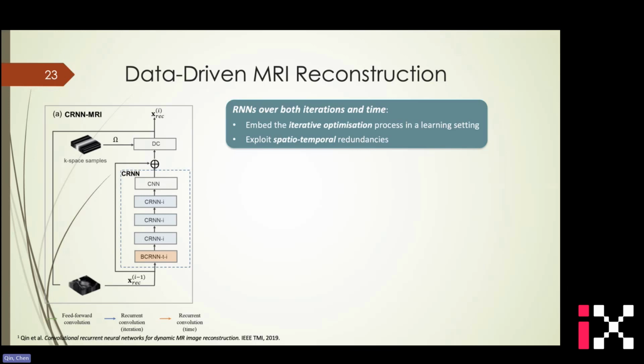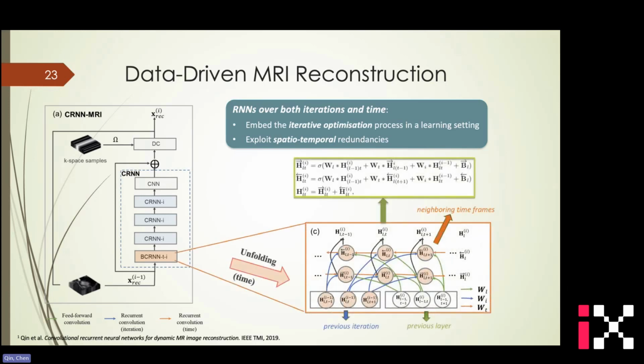We additionally incorporated bidirectional convolutional neural networks with recurrence over time, which propagate information along the temporal dimension in a bidirectional way, because our data is more periodic in this sense. But at the same time, we also incorporate the information from previous iterations with these blue connections. So here we propose to exploit these spatial-temporal redundancies.